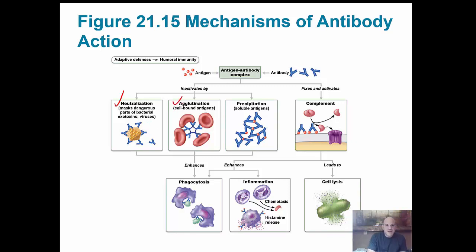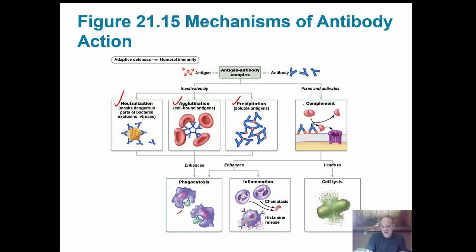And then here we have agglutination, where several cells are bound together. And then we have precipitation, in which the soluble antigens become insoluble, and this allows for better phagocytosis. So all of these three will lead to better phagocytosis.